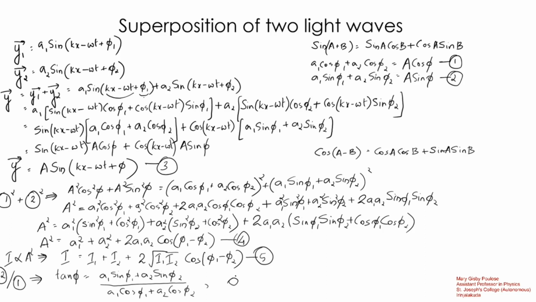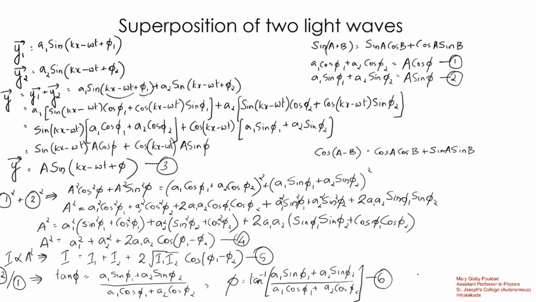Hence, the resultant phase phi can be written as tan inverse of A1 sine phi 1 plus A2 sine phi 2 divided by A1 cos phi 1 plus A2 cos phi 2. Let this be equation number 6.